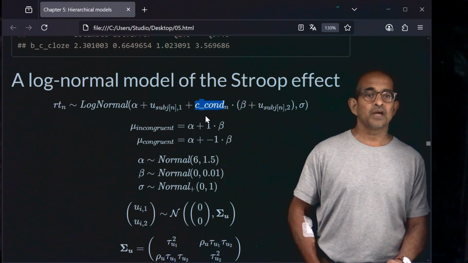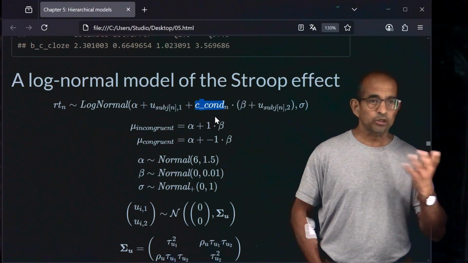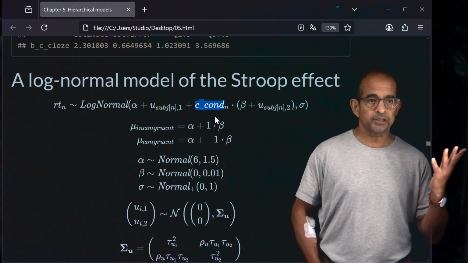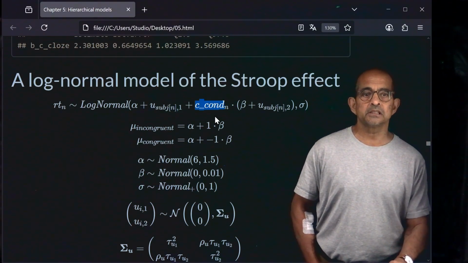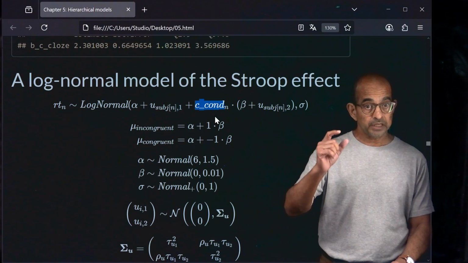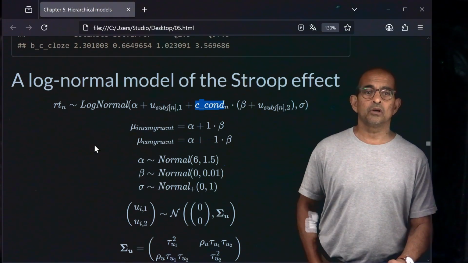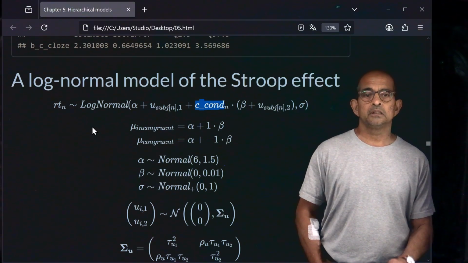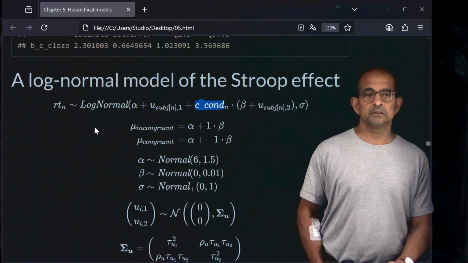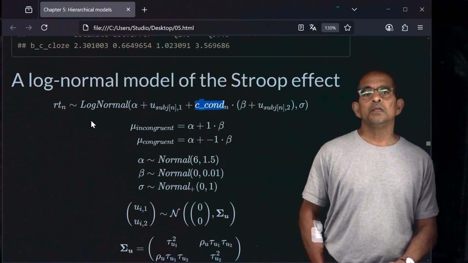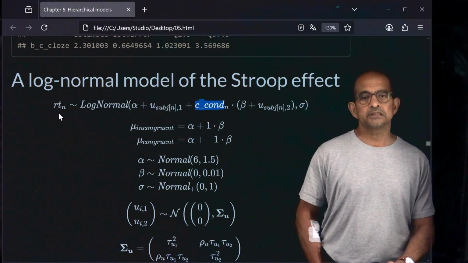Instead of having continuous values like trial ID as in previous examples, we are going to have a categorical variable that is coded numerically to represent the two levels of the congruency factor.